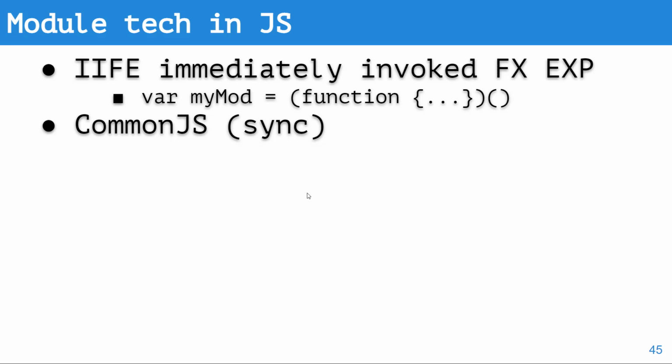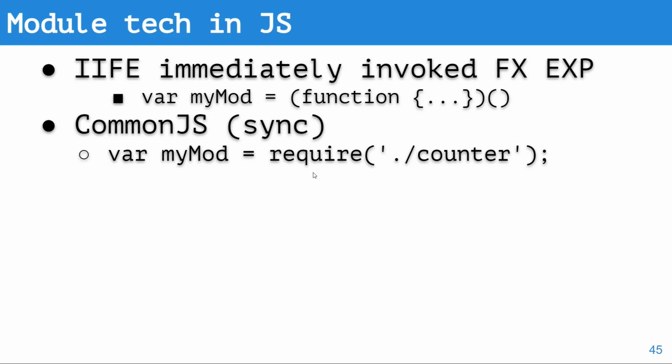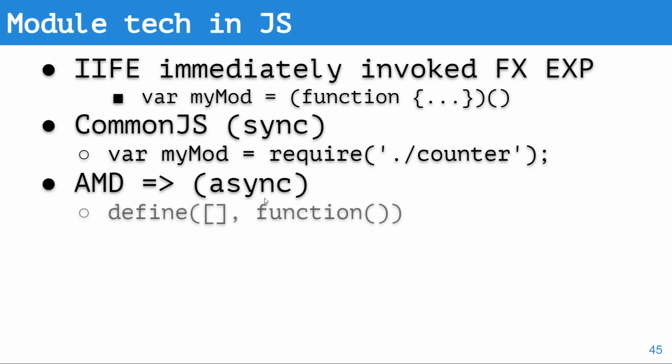Then came CommonJS, which was synchronous, right? And we saw this require statement in that. And then we saw AMD, which did an asynchronous version. And depends what framework you're in, but this would be like a Dojo that you would see in the 3.x JavaScript framework.